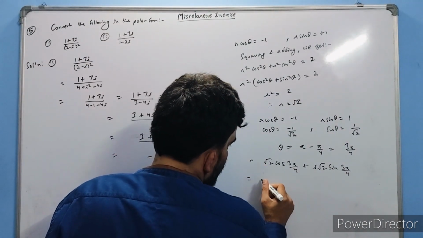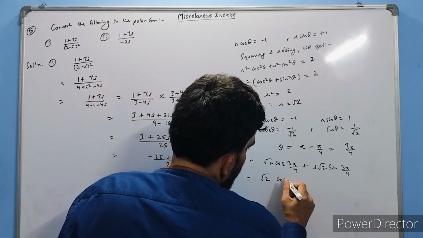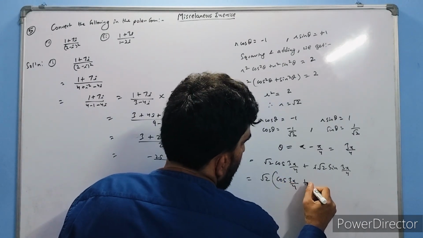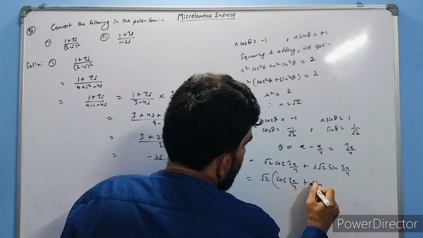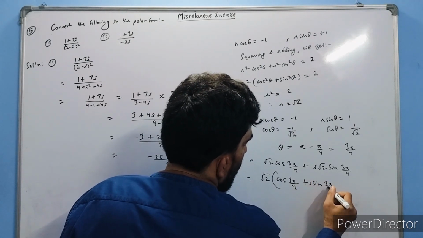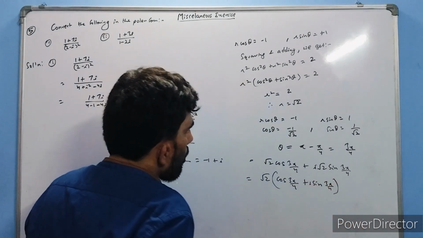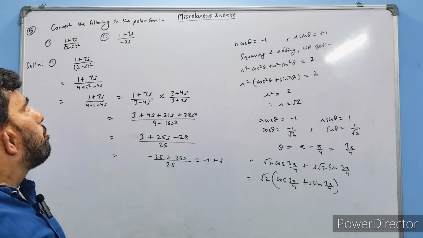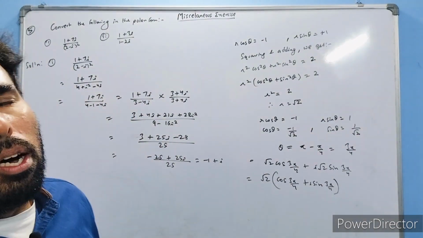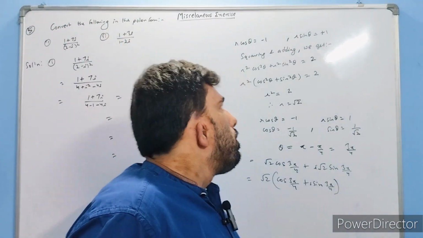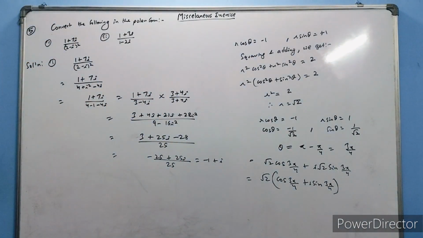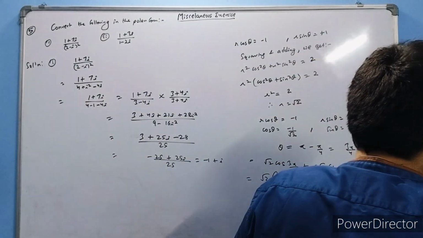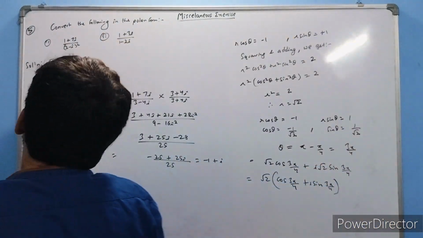I can take root 2 common, so we have root 2 (cos 3 pi by 4 plus i sin 3 pi by 4). Okay, so that is how we convert the expression into the polar form. So now let us try to solve the next part. We have just solved the first part. Now we'll try to solve the second part.